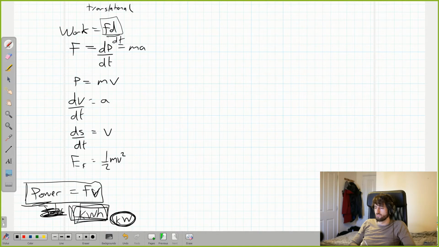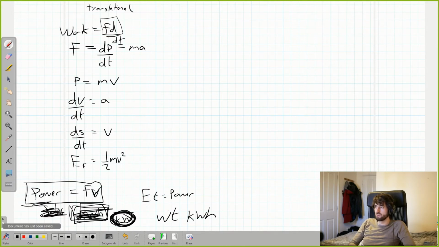Kilowatts is your power, the unit of power, and kilowatt hours are how much energy you produce, because you multiply by the time. So if you multiply power by time, you get energy, and power is dE by dt.